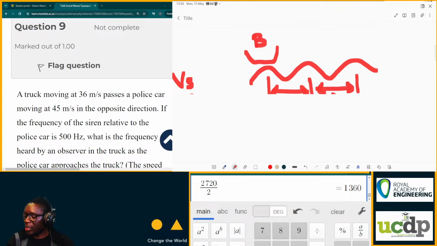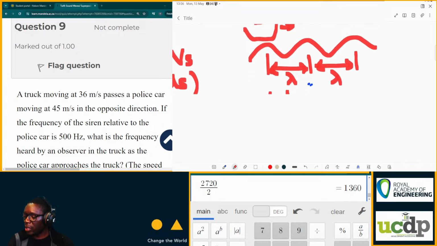The wavelength will be the same throughout the process, but when the boat begins to move towards the waves, we will see the time between the coverage of the wavelengths becoming small. So T reduces, and when T reduces, frequency will increase.